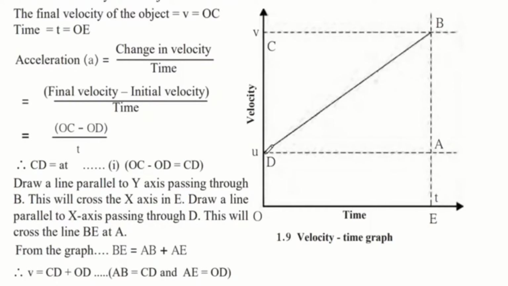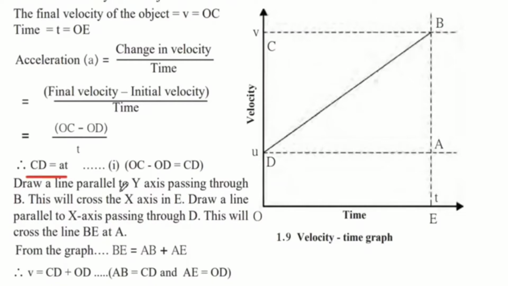When you substitute this, you get OC minus OD upon time t. If you see carefully, from OC, if we remove OD, we get CD. So it would be CD upon time. And when you take time on the left hand side, we get CD is equal to at.